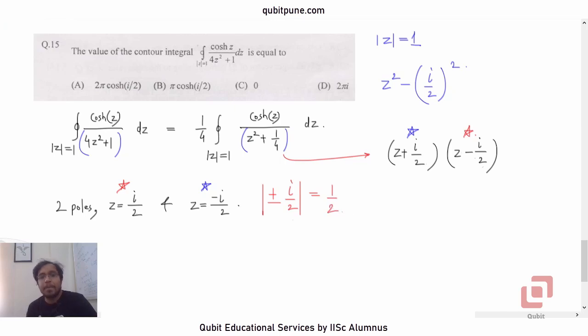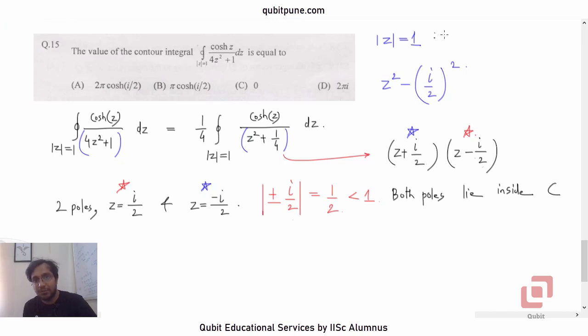It's very simple. Basic algebra of complex numbers. So that is 1 upon 2. Now this 1 upon 2 is less than 1, which means both the poles lie inside the contour C.